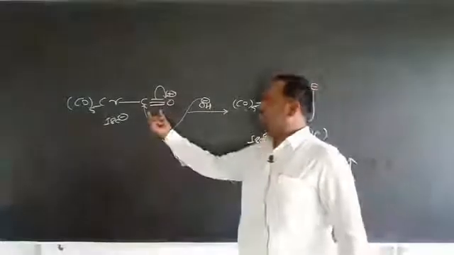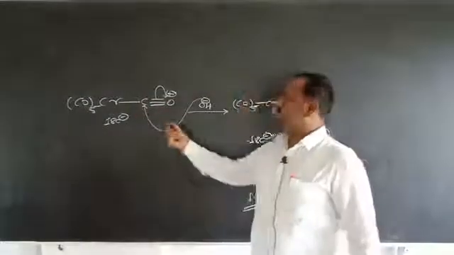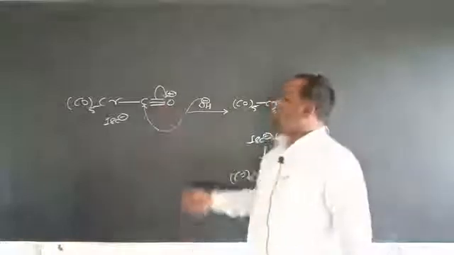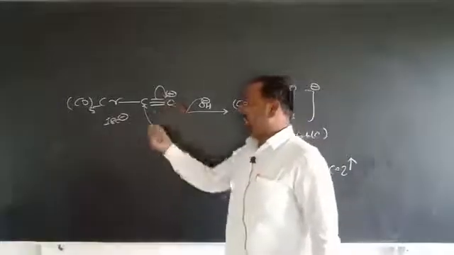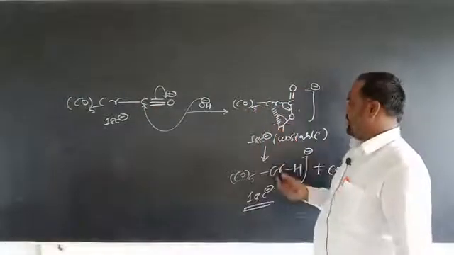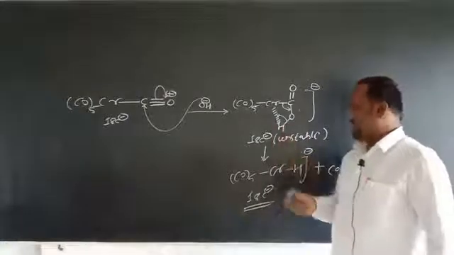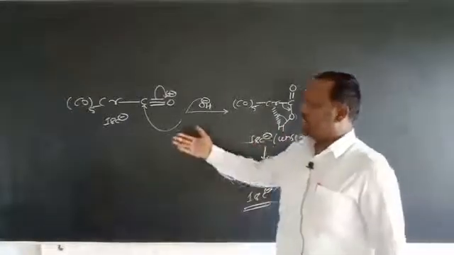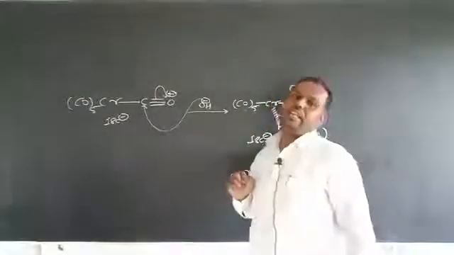This carbonyl is considered a coordinated ligand, meaning it is attached to the metal atom, but it is electron deficient, and therefore a nucleophile can attack this electron deficient center. So we get an intermediate which is highly unstable. In this case the reactant, intermediate and product should all be 18 electron species.